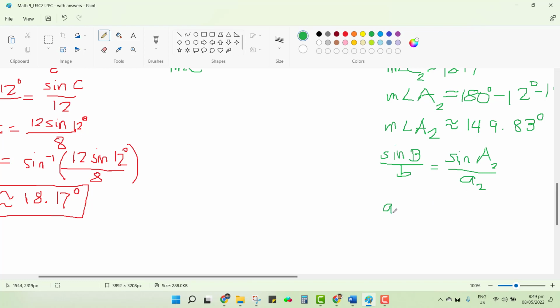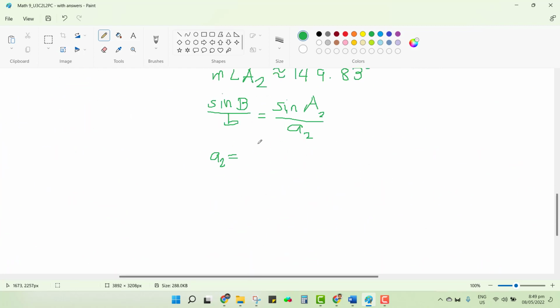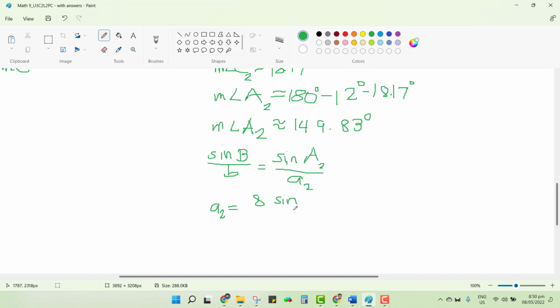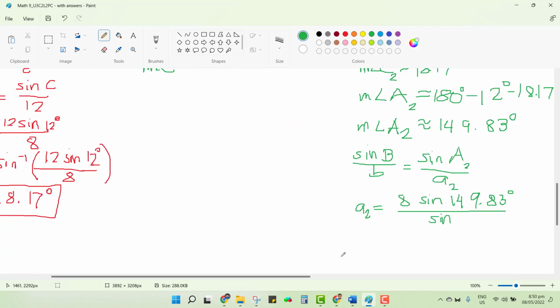The value of A is B, which is 8, times sine of angle A here, 149.83 degrees, all over sine B, and B earlier is given as 12 degrees.